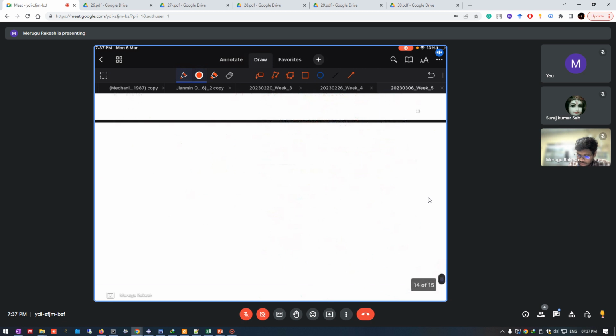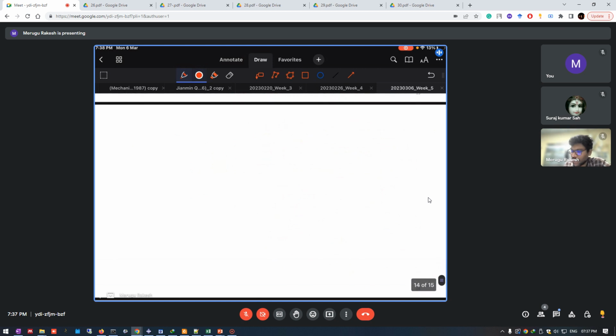So as I discussed earlier, in this cupola furnace, I will name some of those alloying elements. Carbon, then silicon, then we have manganese, then we have sulfur.